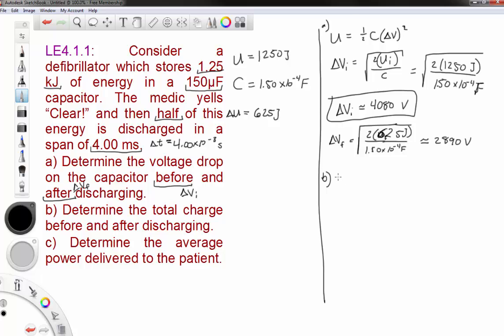So we can also use the fact that the energy stored on the capacitor is given by U equals 1/2 of Q squared over C. And so therefore the initial charge should look like the square root of 2 times U times C. So that's the square root of 2 times 1,250 joules times 1.50 times 10 to the minus 4 farads.